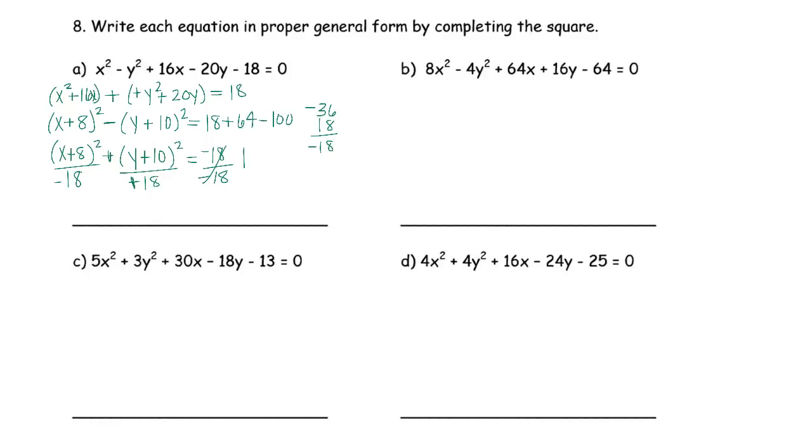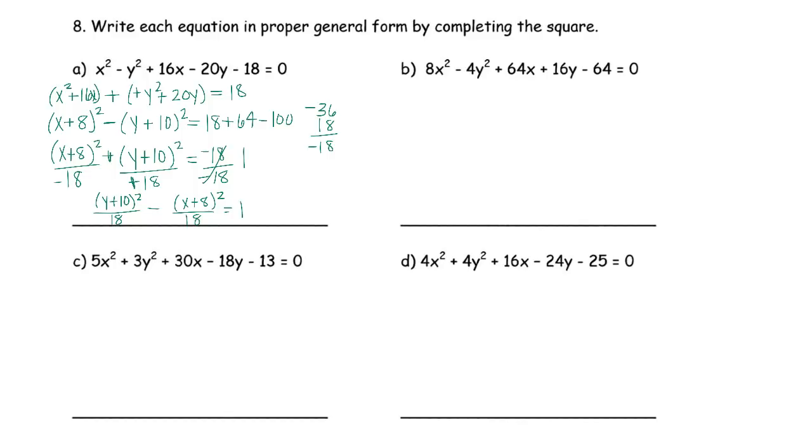And so our final answer, and we can go ahead and clean this up a bit. Let's write our positive term first. So we're going to have y plus 10 all squared over 18 minus x plus 8 all squared over 18. And that's going to all be equal to 1.